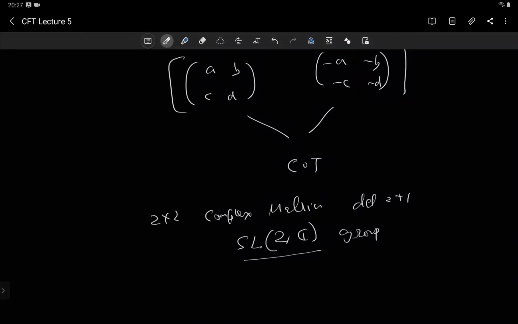The S corresponds to special, meaning determinant is +1. L just means linear, it's a matrix. 2 means it's 2 cross 2 matrices, and C means that the entries are all complex. So the set of all A, B, C, D complex matrices with determinant +1 is the group SL2C.